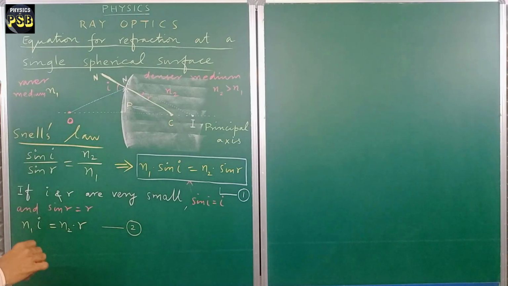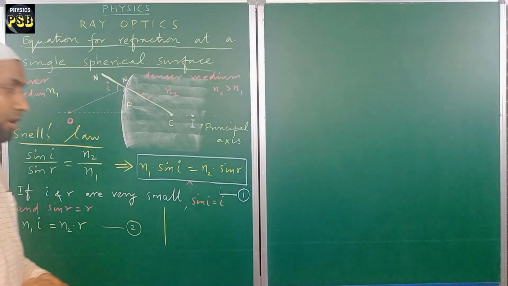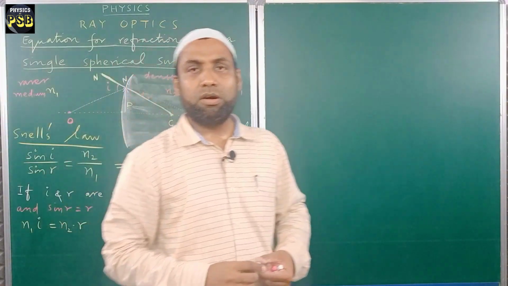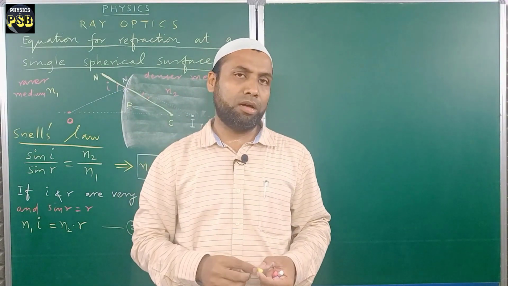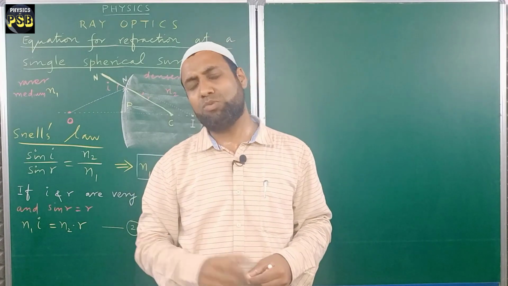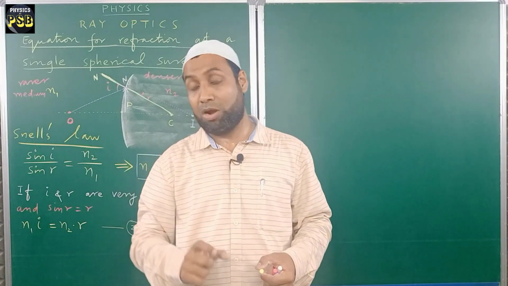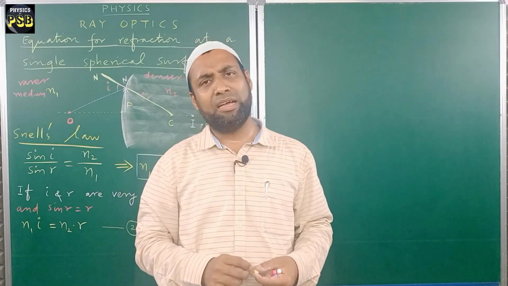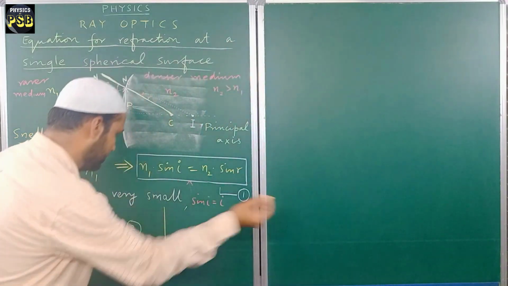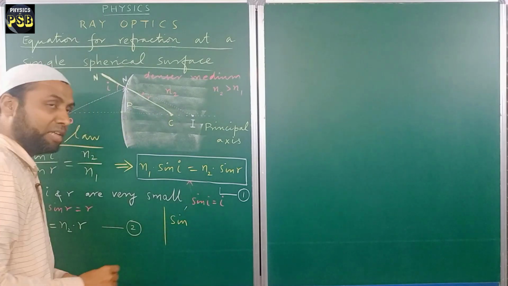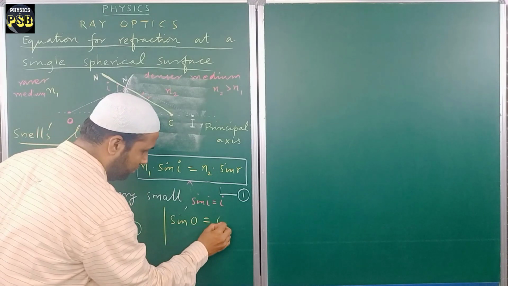Now how do we get this? What is the reason behind it? Let me explain this with the help of a simple example. Whenever you remember, in case of sin of some angle or tan of some angle, if the angle is very small, then sin of that angle or tan of that particular angle can be taken as the value of that angle. Suppose I have sin of 0. What is sin of 0? Sin of 0 is nothing but 0.